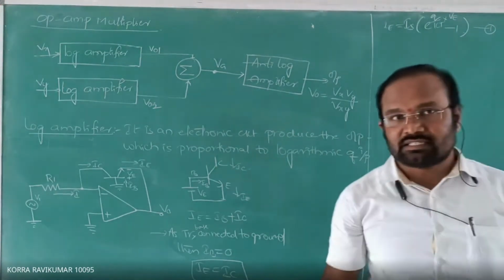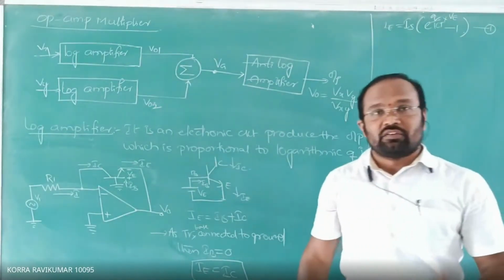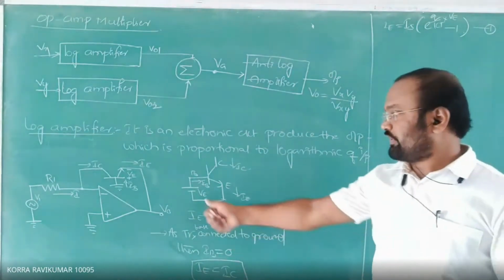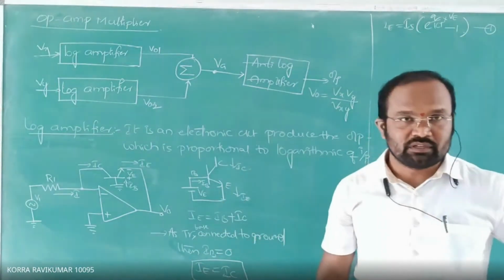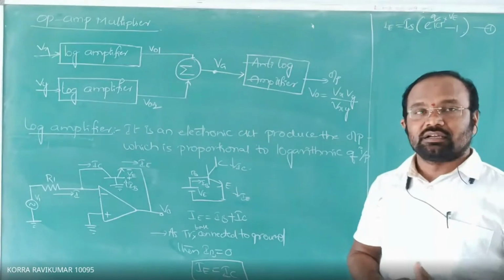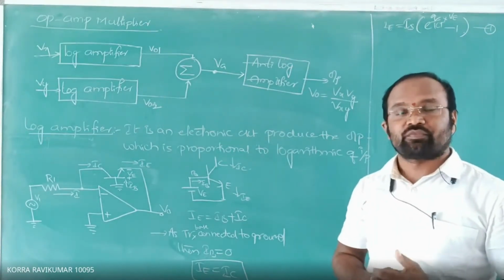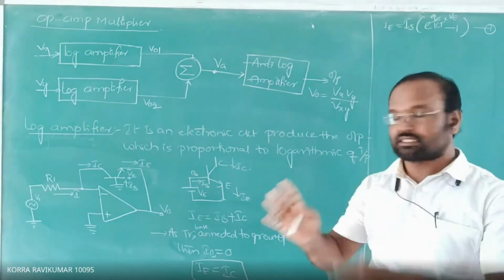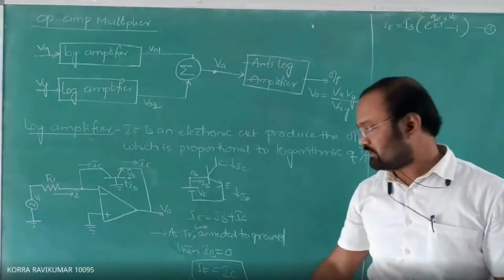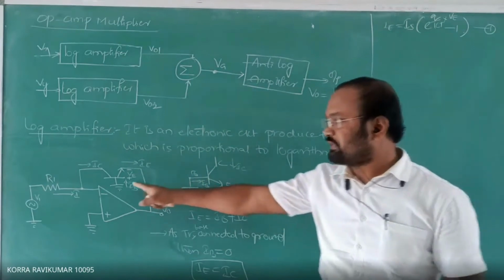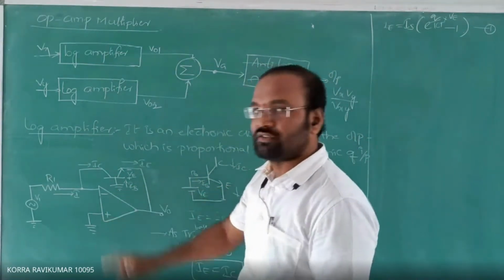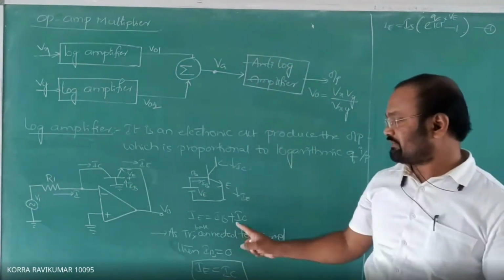When the transistor gets into saturation, if you apply the base to emitter voltage, then the current delivered by the transistor is the emitter current, which equals the sum of base current plus collector current. But as the base terminal is connected to ground in our circuit, the base current is equal to 0.